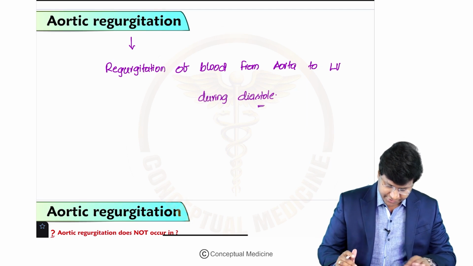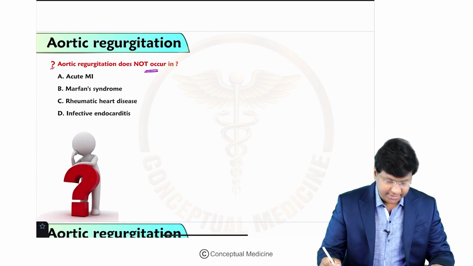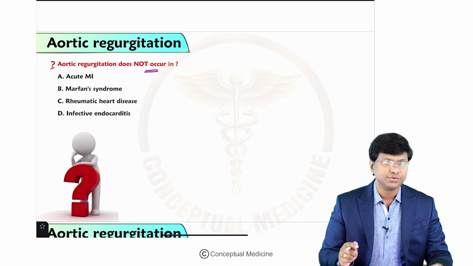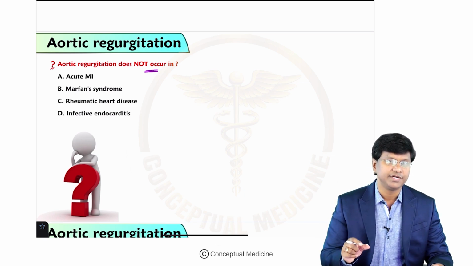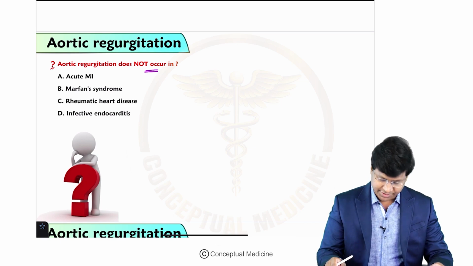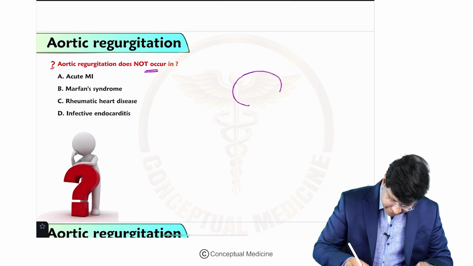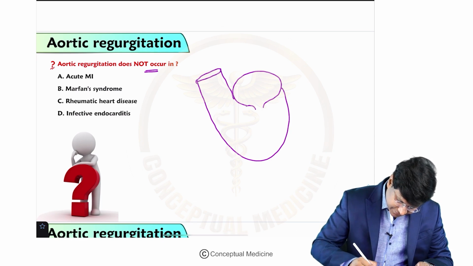So if you see the question here, aortic regurgitation does not occur in acute myocardial infarction, Marfan syndrome, rheumatic heart disease, infective endocarditis. Let me tell you, there are two important mechanisms or etiologies which will cause aortic regurgitation. So this will be the left atrium, then you have the left ventricle giving rise to the aorta, and you have the aortic valve.